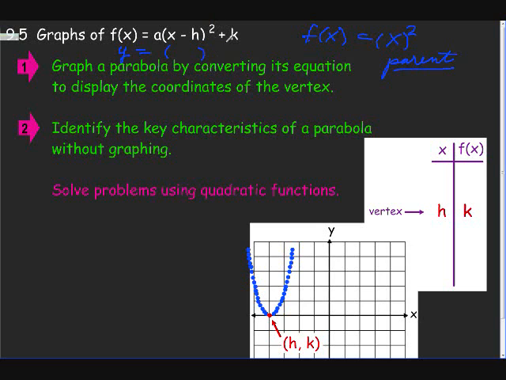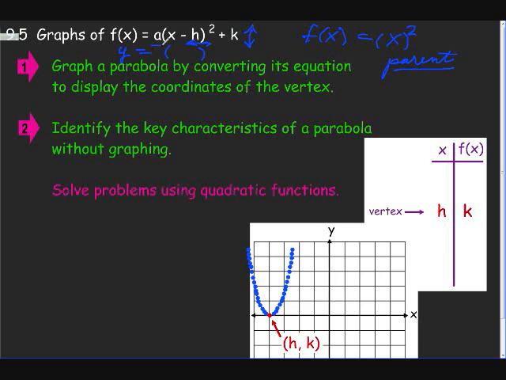We've got this plus k. That's the vertical movement of this graph. So we've got this inside the operation of squaring, and outside that, to move it vertically, k.